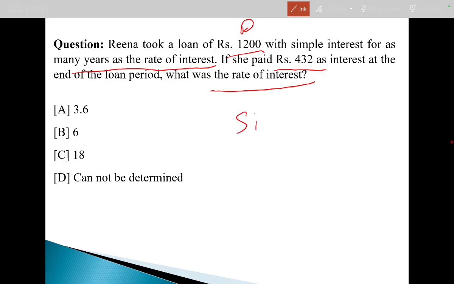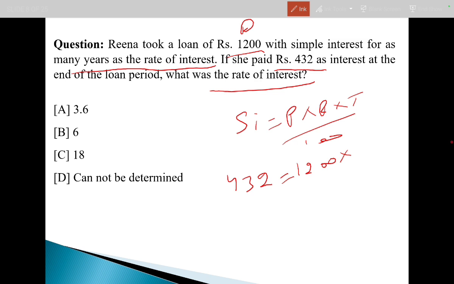Everyone knows the simple basic formula of SI, PRT by 100. In my question SI is already given, that is 432 rupees. Principal is already given, and for the rate of interest and time they said these two values are the same, so I can use the same variable for these two. Let's say I use x and x, so I can take it as x square divided by 100, right?